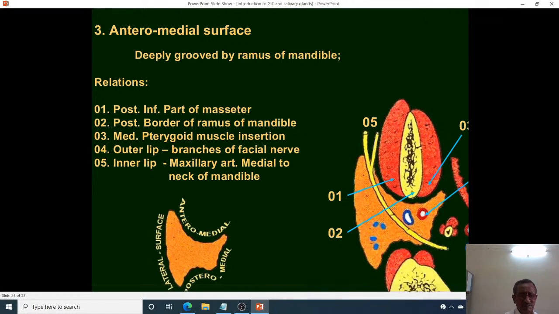The masseter is related to the anterior medial surface, and the posterior border of the ramus is also related to it, whereas the medial pterygoid muscle is also related to this surface. And then we are seeing the branches of the facial nerve, and finally the maxillary artery.